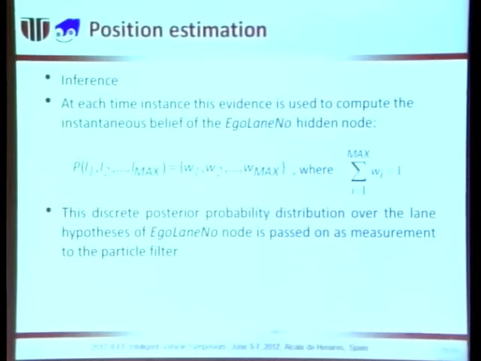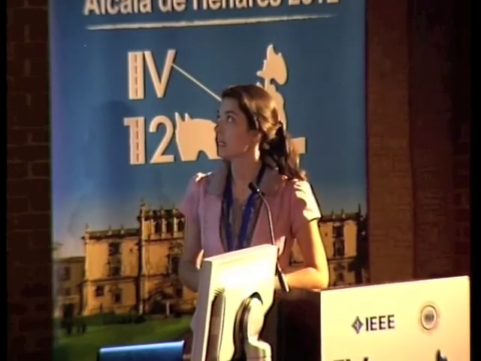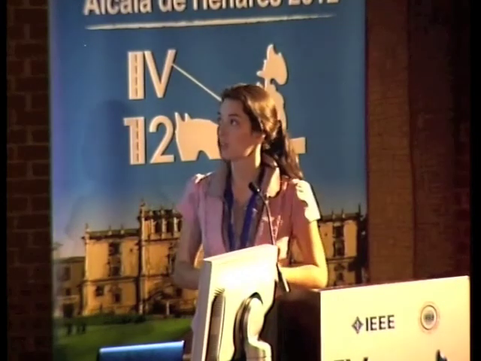At each time instance, the evidence from the visual perception system is used, and a posterior probability distribution is obtained. So for each lane from 1 to L max, representing the number of lanes of the segment, we obtain a weight for each of the lanes. This is the measurement that will be passed on to the particle filter.